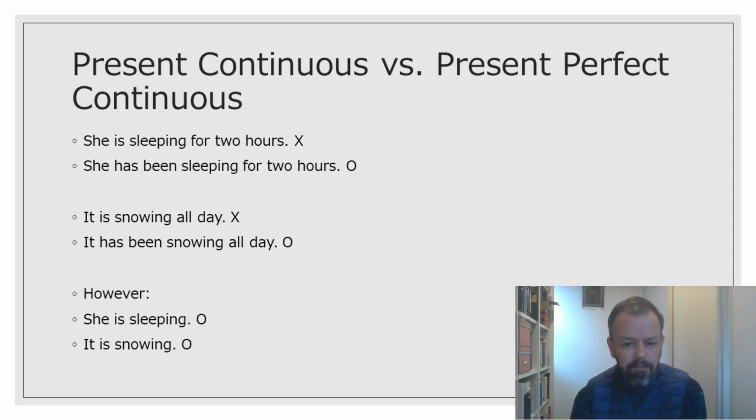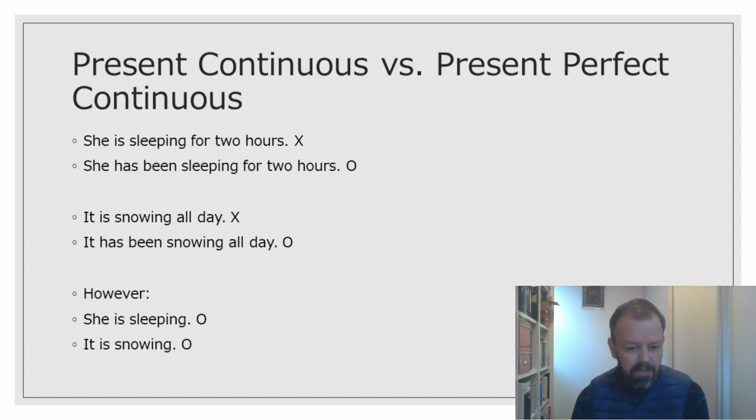So for 2 hours doesn't make sense, because we can't use the present tense is to talk about something that started 2 hours ago. So we need to use the present perfect continuous in this case to show that it started in the past but is happening now. She has been sleeping. She started sleeping 2 hours ago. She is still sleeping now. She has been sleeping for 2 hours.